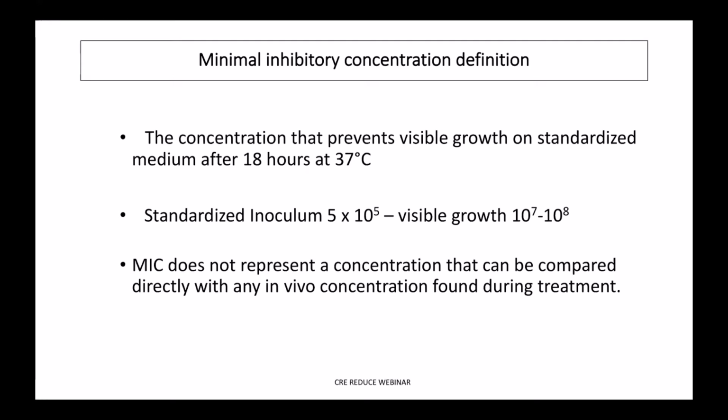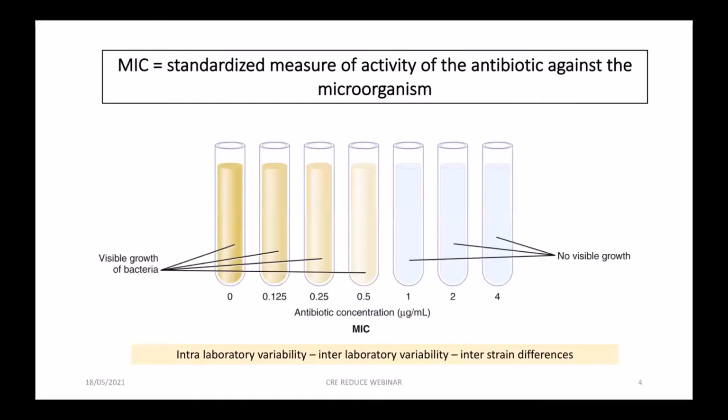So MIC is not a concentration that can be directly compared to any in vivo concentrations that we could observe during treatment. This is a measurement of the activity of an antibiotic against microorganisms using an international convention of MIC dilutions, based on, as you know, twofold dilutions.